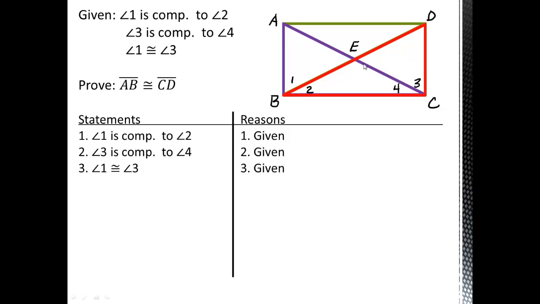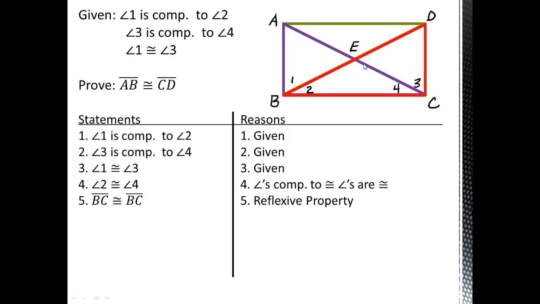However, if you think back a few chapters, we can say that angle 2 is congruent to angle 4. And that's because angles that are complementary to congruent angles are also congruent. So now we've got angle 2 and angle 4 that are congruent. So that's a help.